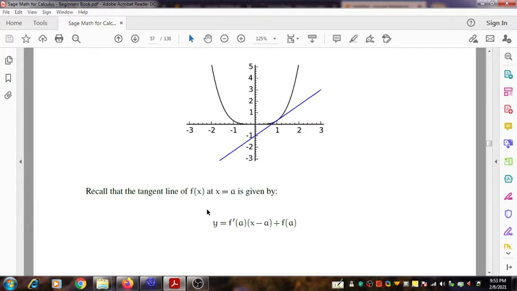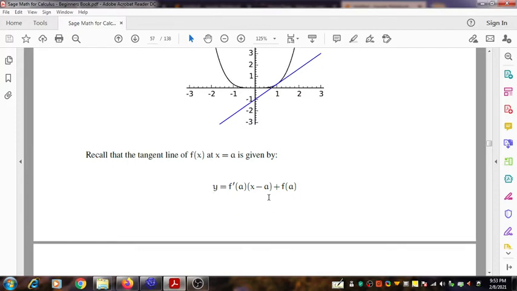So we have f(x) and the specified point x equal to a, and we have determined f'(a). Then consider the equation y equals f'(a) times (x minus a) plus f(a).